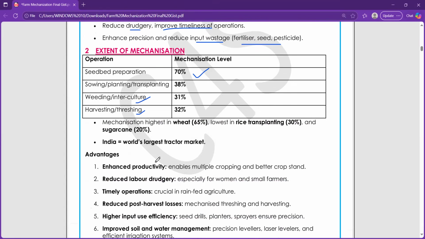According to ICAR, there is the highest mechanization for wheat cultivation, then lowest in rice transplanting and sugarcane. And India holds the largest position in the tractor market.